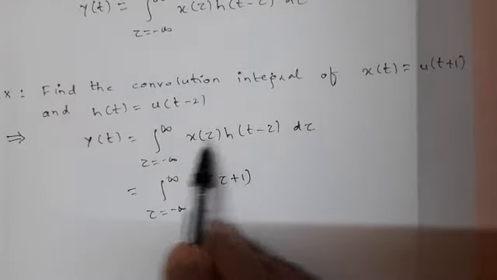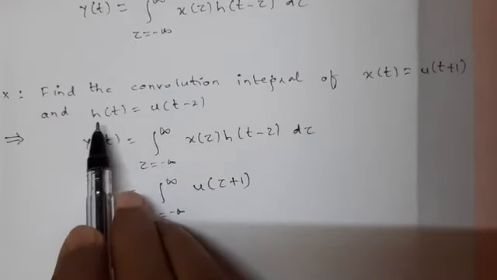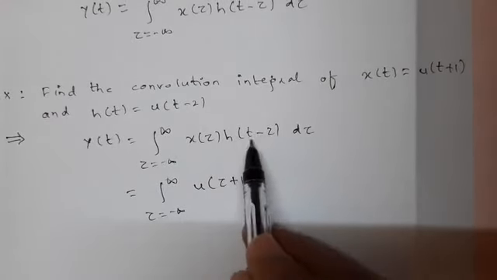Similarly, I want h of t minus tau. I have t, but here I need t minus tau.